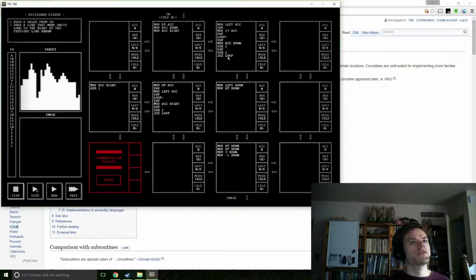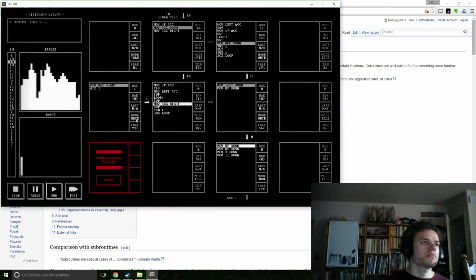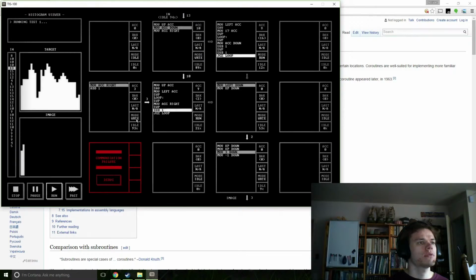And then this one always starts the y value at 17, and then decreases it together with the loop counter at the same rate so that it draws 1 pixel.